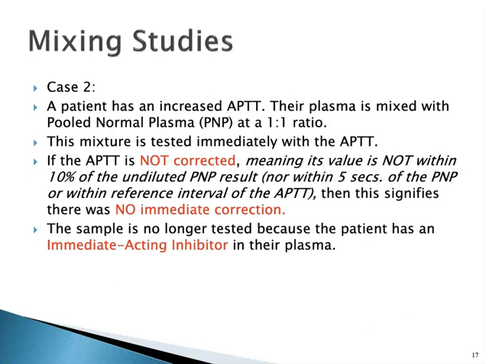When there is no immediate correction, the sample is no longer tested because the patient probably has an immediate acting inhibitor in their plasma. So it's not a factor deficiency. It is an immediate acting inhibitor that is prolonging the APTT.